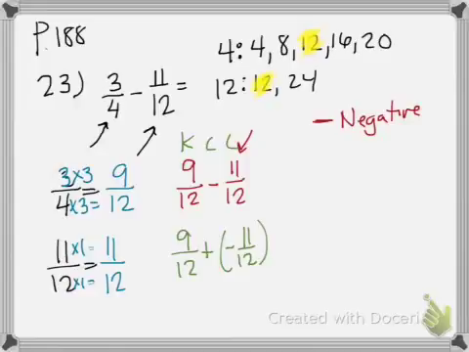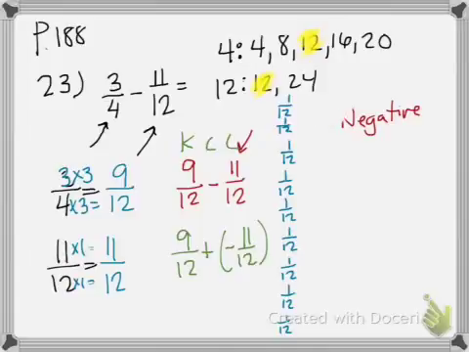I have 9 positive 1/12. So I'm going to do 1/12, 1/12, 1/12, 1/12, 1/12, 1/12, 1/12. I hope I have enough room. 1, 2, 3, 4, 5, 6, 7, 1/12, and 1/12. Okay, there's my 9 positive 1/12.